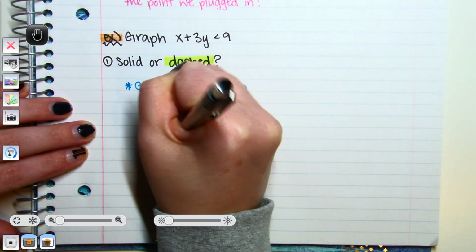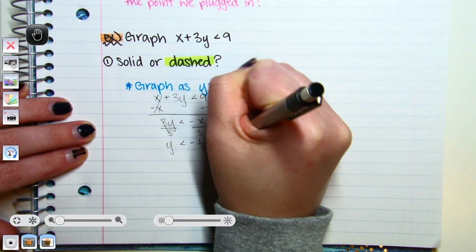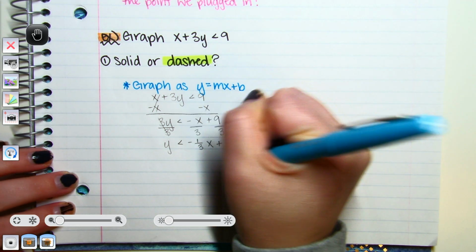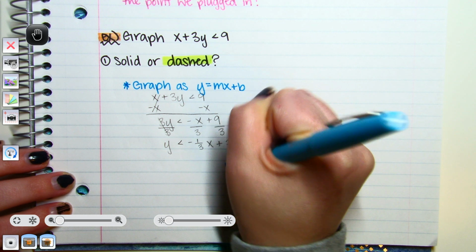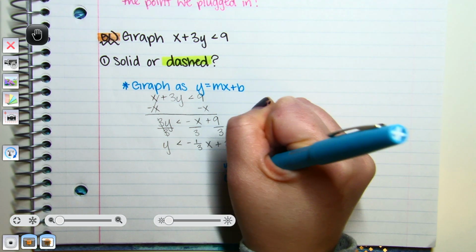So I end up with y is less than negative 1/3 x plus 3. It is now in slope-intercept form, the y equals mx plus b. What's my y-intercept? Good, you should have said 3. What's my slope? Good, you should have said negative 1/3.